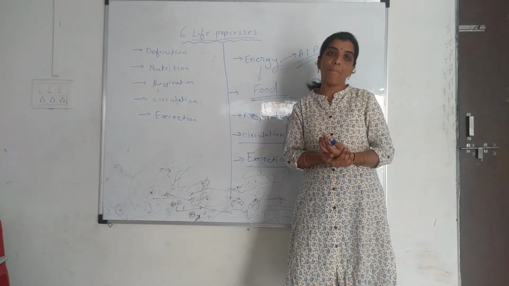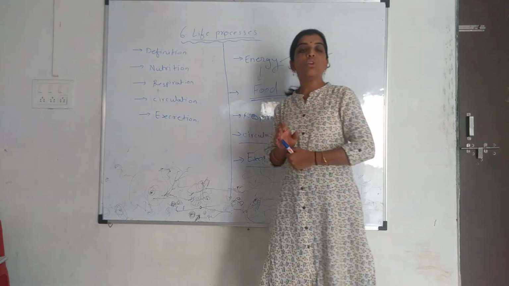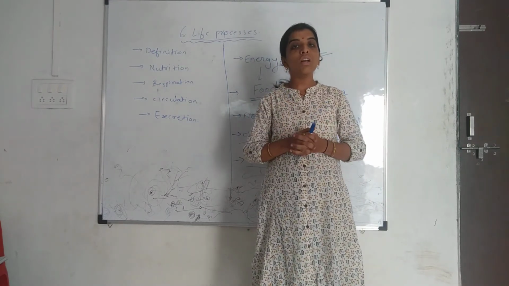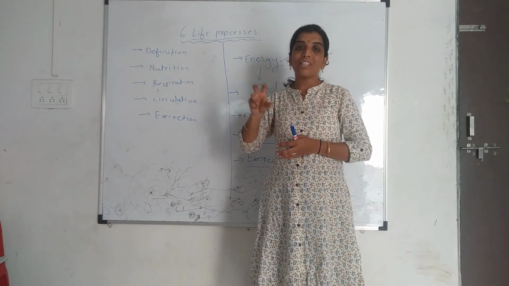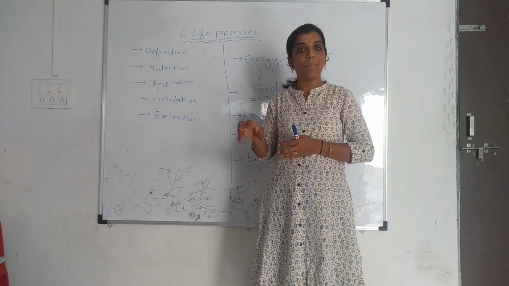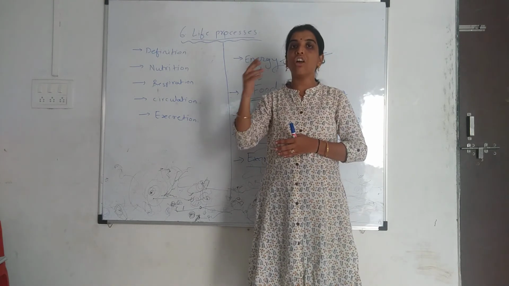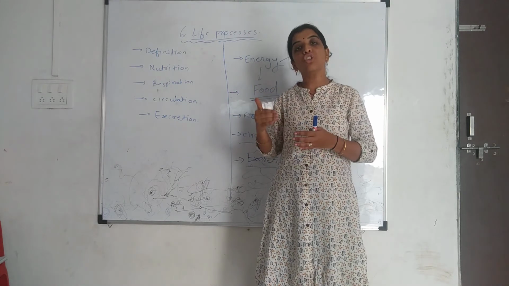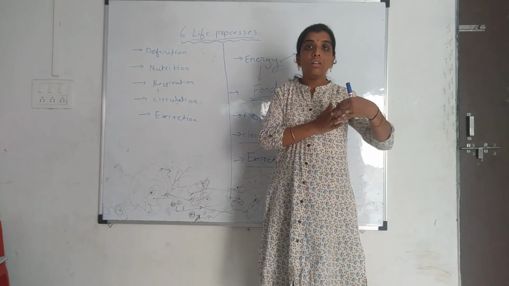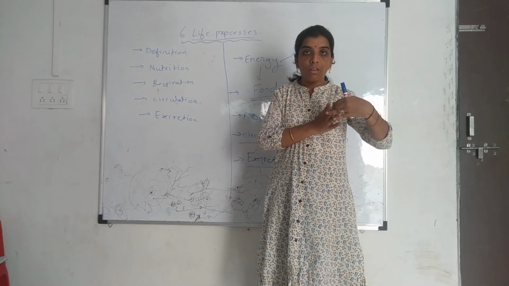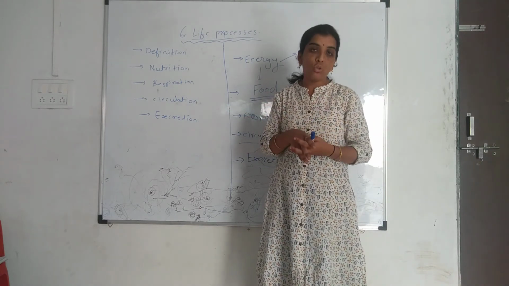Take a simple example. Suppose we are going to school, isn't it? If we want to run the school properly, what is required? All the various aspects of the school should run properly, isn't it? There should be the headmaster or headmistress, then the students, teachers, then the benches and whatever physical things you require.